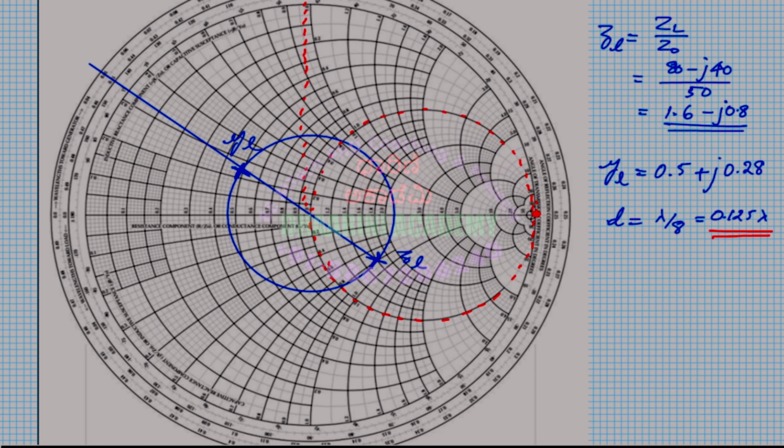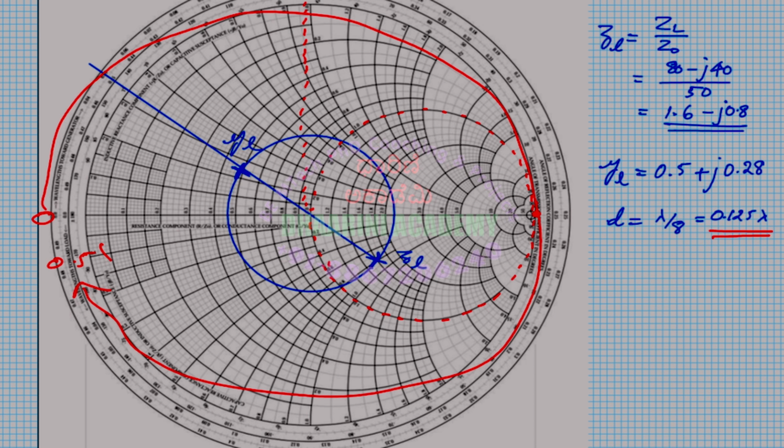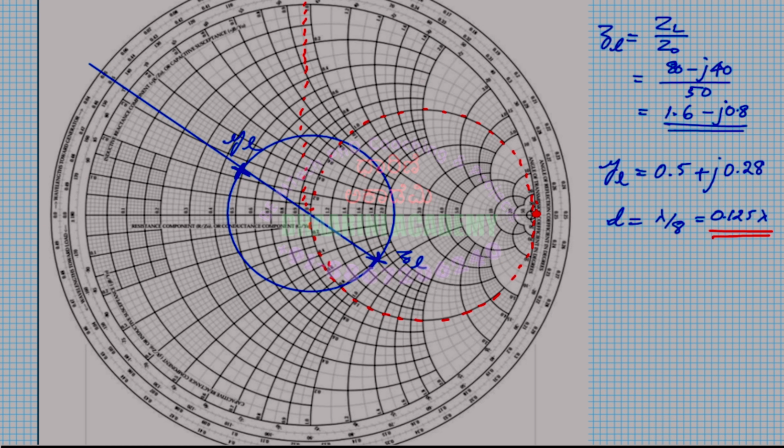Once you make a complete circle, that is 0.5, right? So if I want to move 0.25 lambda, you should cover half the circle, half of the Smith chart. Is it right? Now you see I want to cover 0.125 lambda, which is half of my half circle.